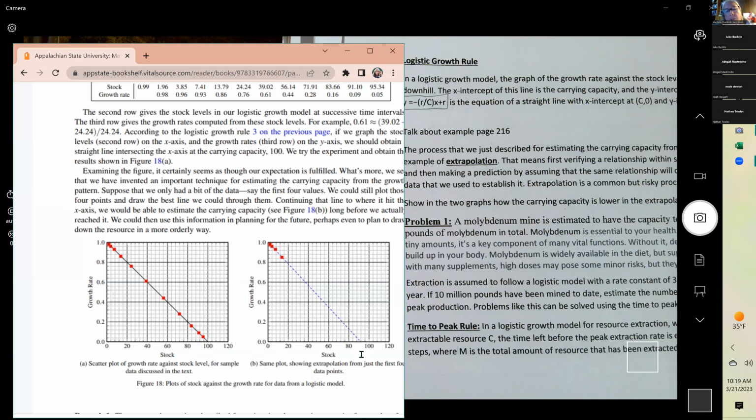This is hitting short of that, at 80, maybe 92, 93. That's because we didn't go far enough out for the extrapolation, so it's just an estimate. It could be not as accurate, but if you find more points, then you're getting more accuracy. Any questions on that?